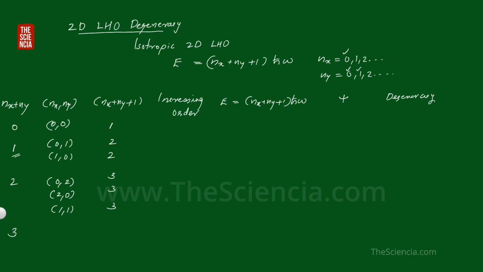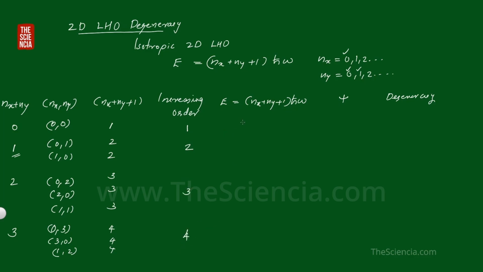Now for the third one, I can take nx equal to 0 and ny 3, or 3, 0, or 1, 2, or 2, 1. For all those cases, I will get 4, 4, 4. That is, in increasing order it is 1, 2, 3, 4.